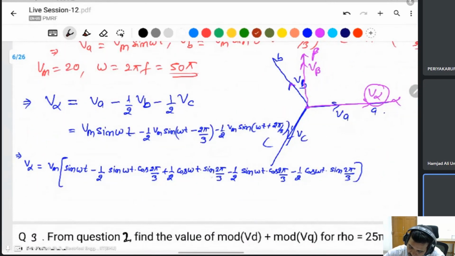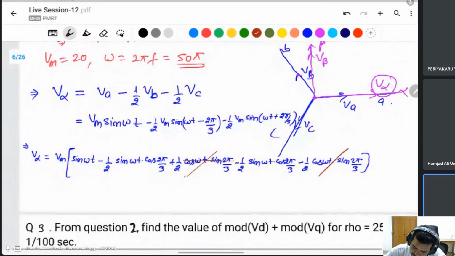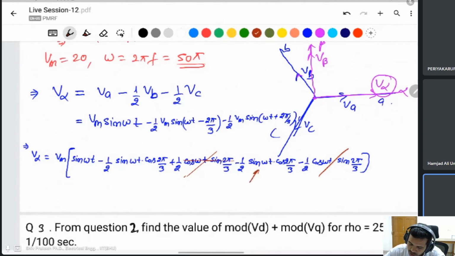The cos omega t terms cancel out. Cos 2 pi by 3 is minus 0.5, so minus times minus is plus, giving plus 0.5 plus 0.5, so half plus 1 is 3 by 2. V alpha is equal to 3 by 2 Vm sin omega t.